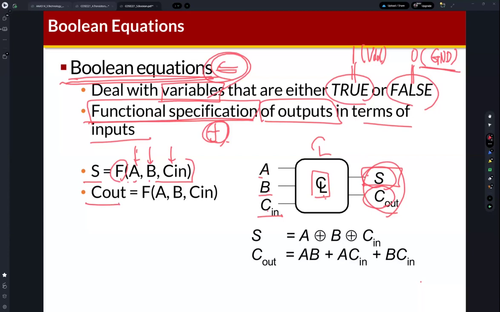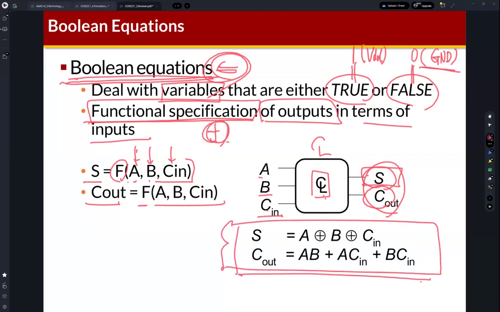How about the C out? C out is also a function of input signals. And we can define the functional specification of this circuit like this. S equals A exclusive OR B exclusive OR C in. C out equals A, B, so this is a product. What is this one?